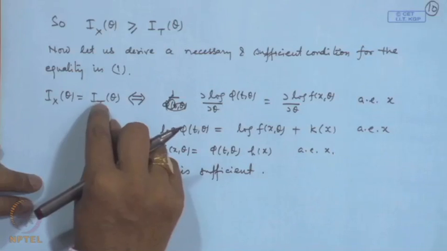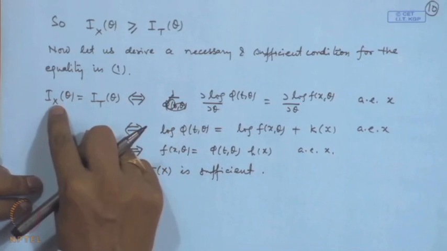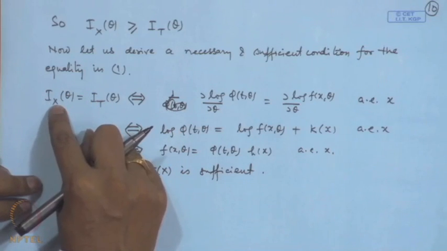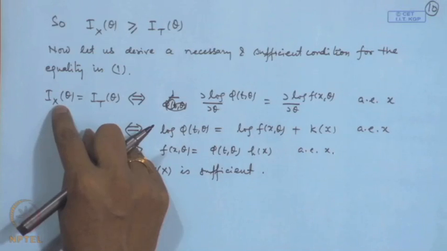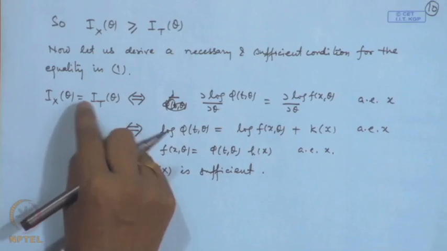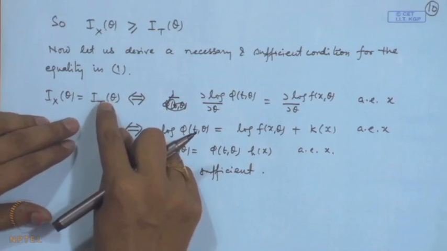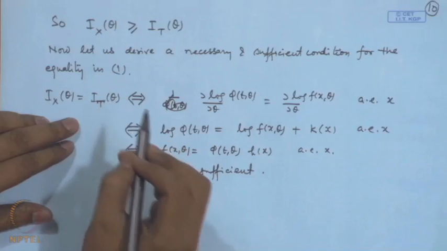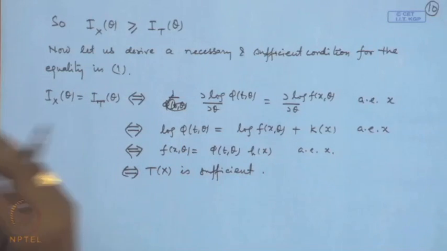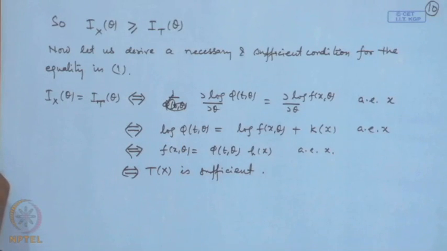So, the information in the statistic t is equal to the information in x if and only if the random variable, the statistic t is sufficient here. So, this Fisher's information measure is extremely important concept.